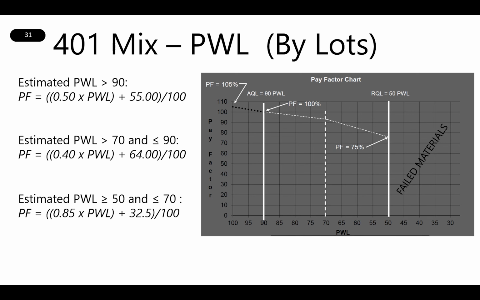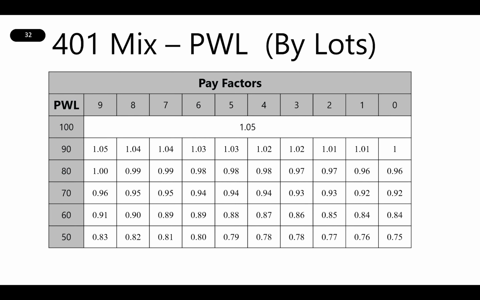Again, we have some very confusing equations that correspond to the graph on the right, and to make it easy for you, again, they have been converted into a lookup table. So for instance, a PWL of 72 would correlate to a pay factor of 0.93.